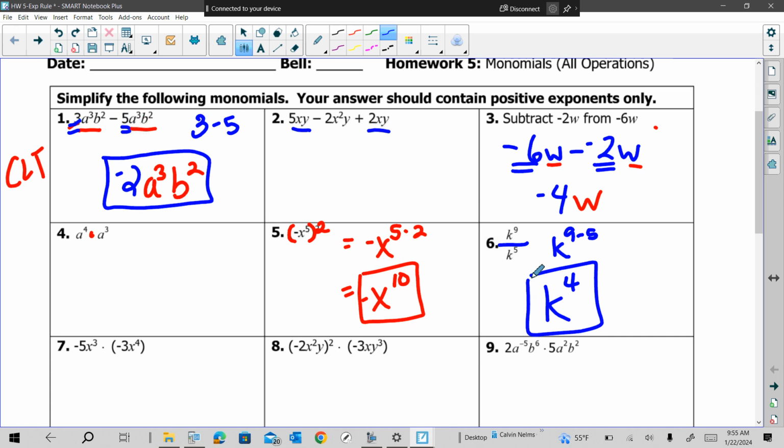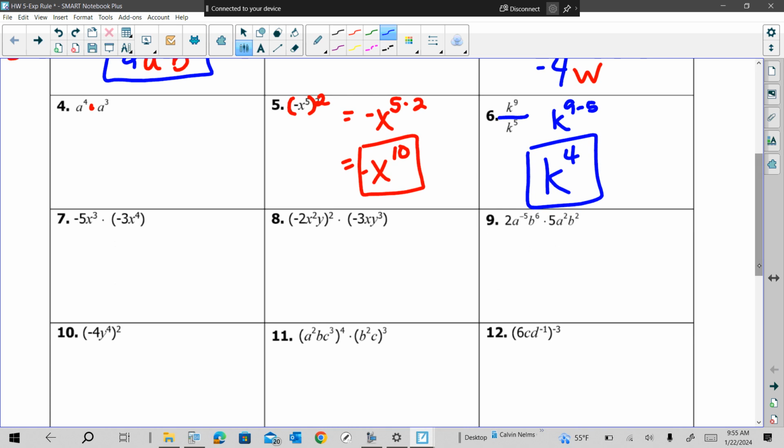This is when we get into a combination. I'm going to jump to number 8 because you have the power rule, the parentheses with an exponent on the outside, and you have multiplication. You need to do one at a time. I would do the power rule first. I'm putting this exponent to each item inside the parentheses.